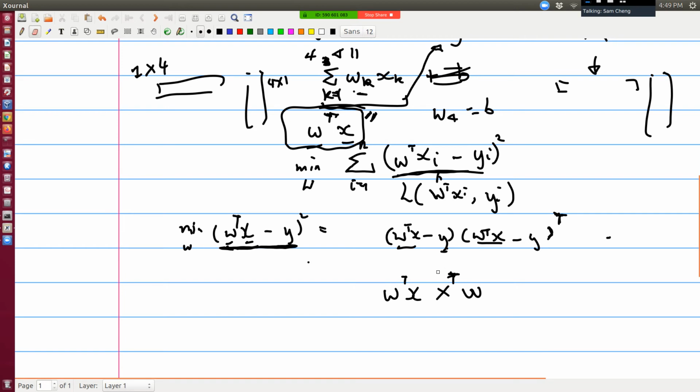I expand this whole thing. First term is this, and then I have y W transpose x. I need to be really careful, I already did a transpose here. Maybe I just do one more step here.